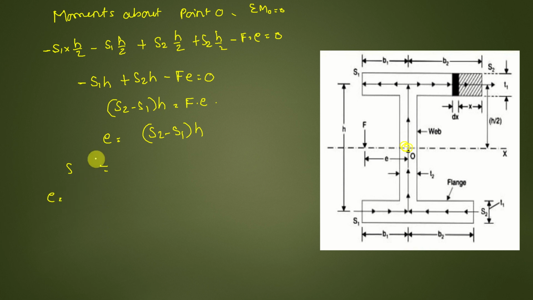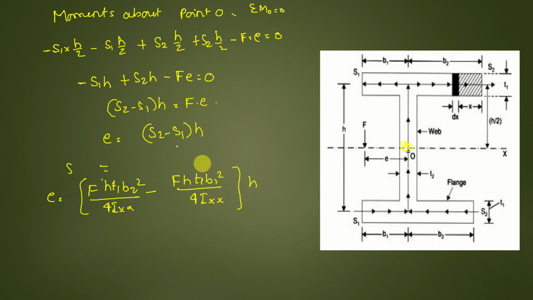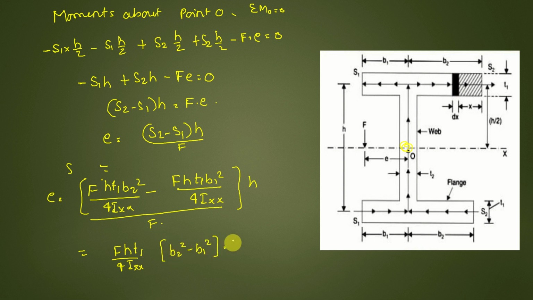So e will be equal to S2 value, F into h t1 b2 square by 4Ixx minus F h t1 b1 square by 4Ixx into h by F. I forgot to mention, divided by F. So now I will take common F h t1 by 4Ixx, what is remaining is b2 square minus b1 square into h by F.